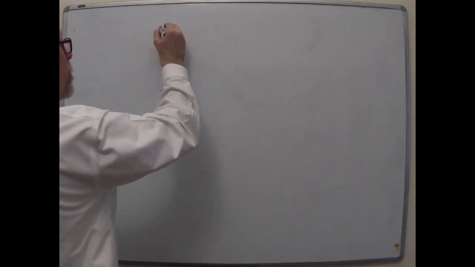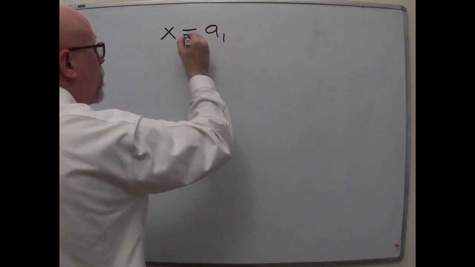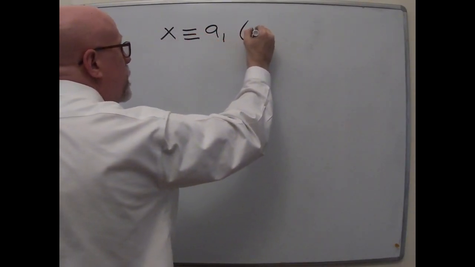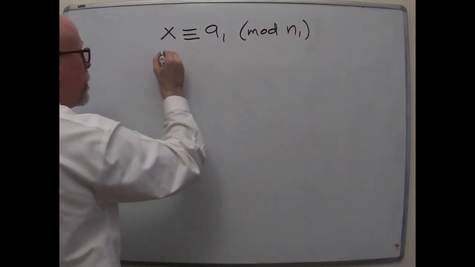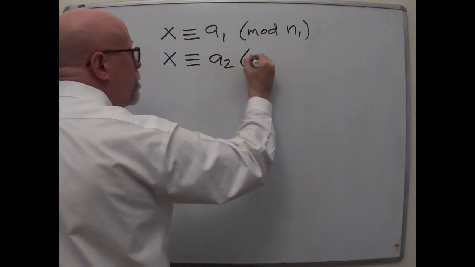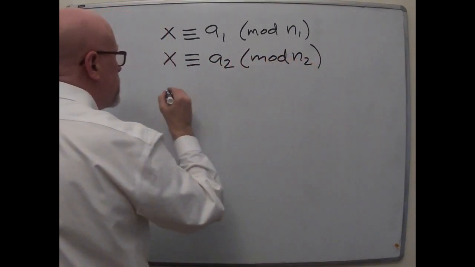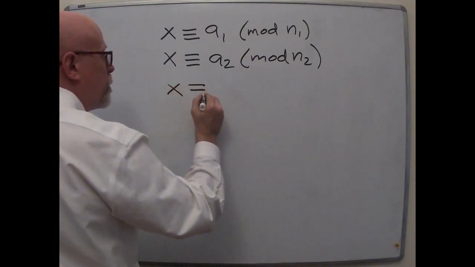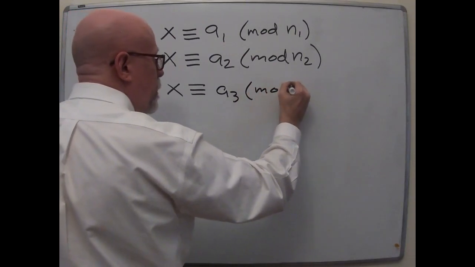So let's suppose the first congruence is x is congruent to A1 mod N1. The second one is x is congruent to A2 mod N2. And the third congruence is x congruent to A3 mod N3. So we'll stop at that.